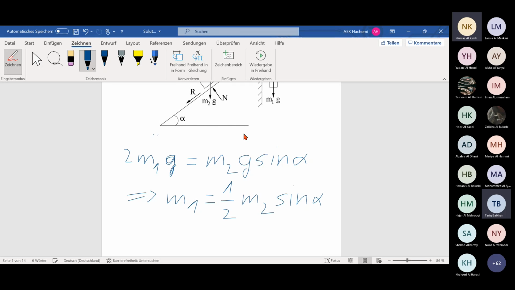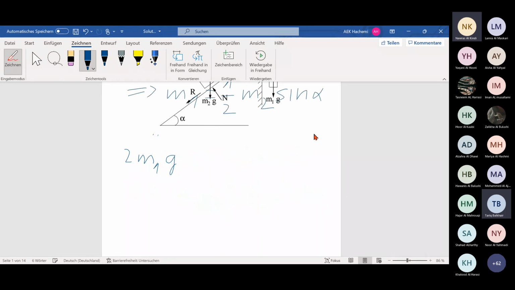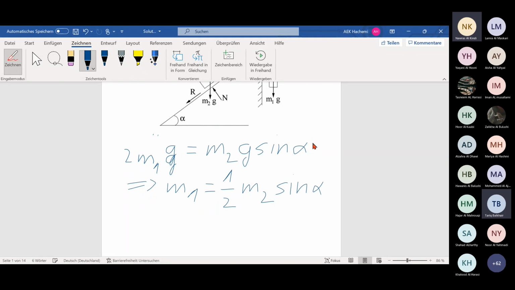This is the choice. When we move, we have M1 G in the direction of the motion.